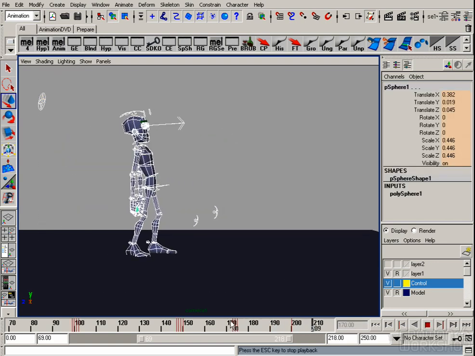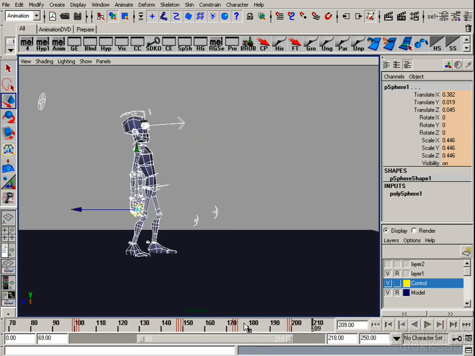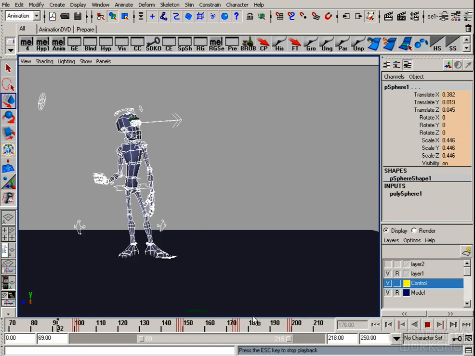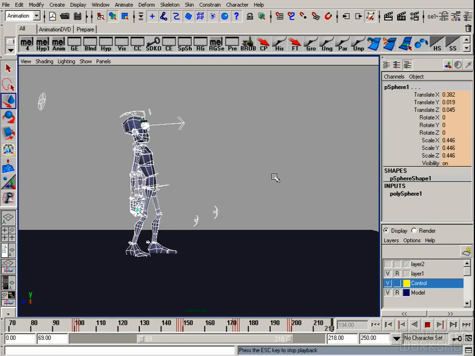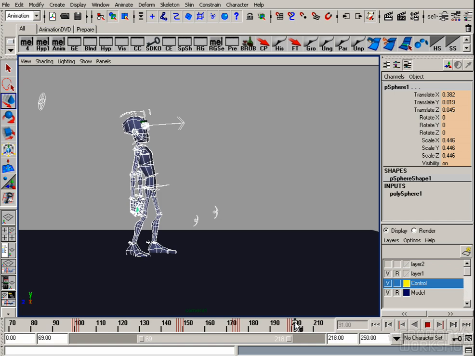So again, what we do, put in a double key to lock it on this position. You could do it also in the graph editor, go in and make it flat at that position, but it's too much work. You have to open the graph editor, select the key, make it flat, or you can just go in, make a double key, that's it.